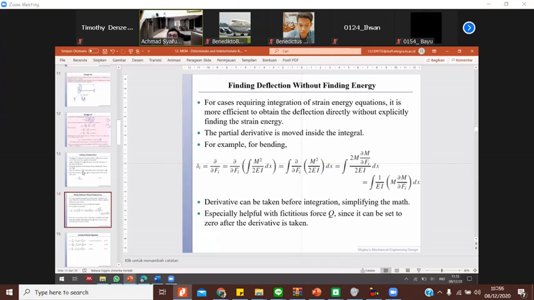For cases requiring integration of the strain energy equation, it is more efficient to obtain the deflection directly without explicitly finding strain energy. You can apply this shortcut after you understand more about strain energy. If you still do not understand strain energy, please do not use this shortcut method.